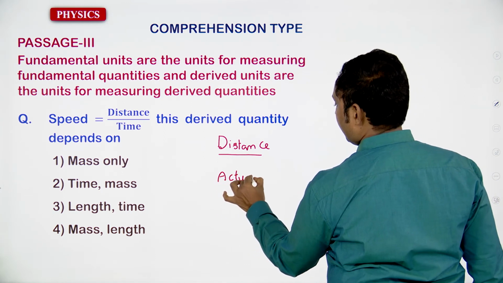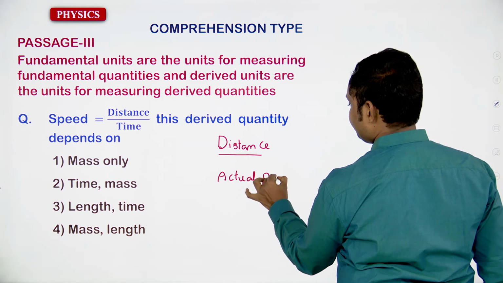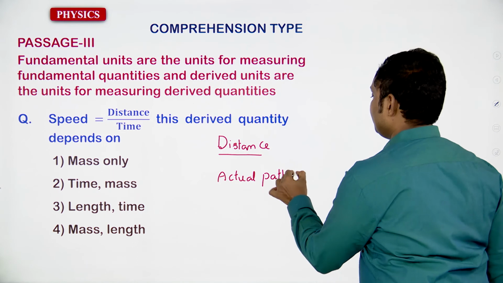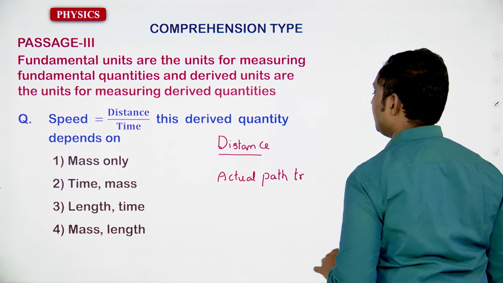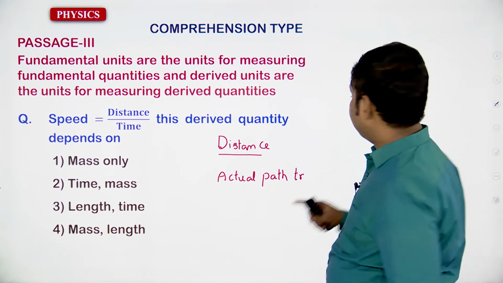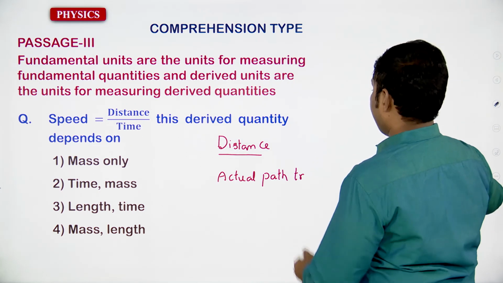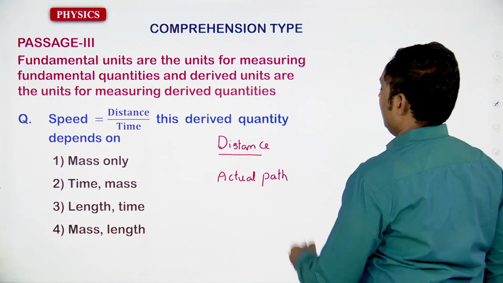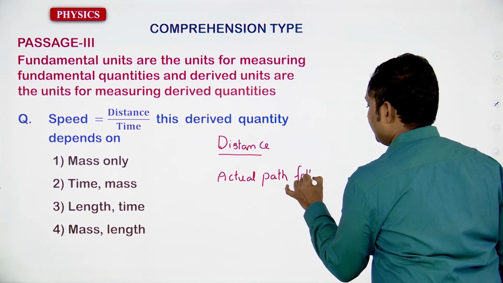Distance is equal to the actual path traveled, the actual path followed by the particle.